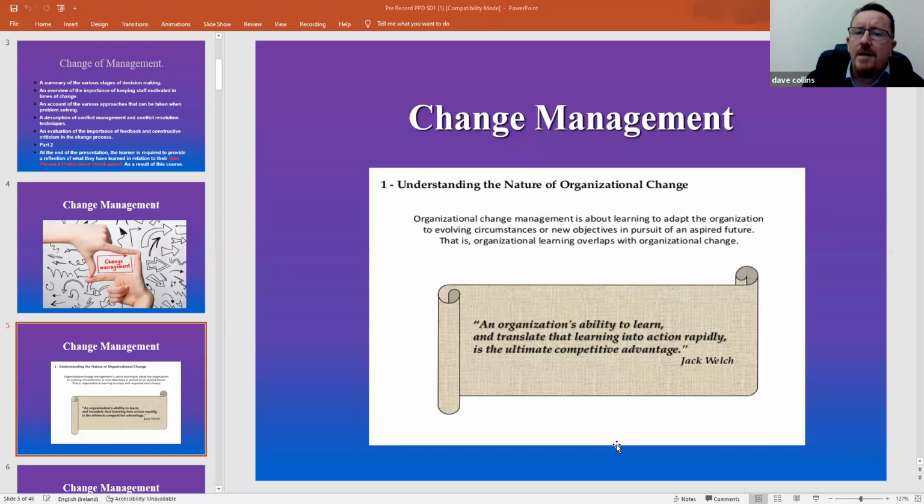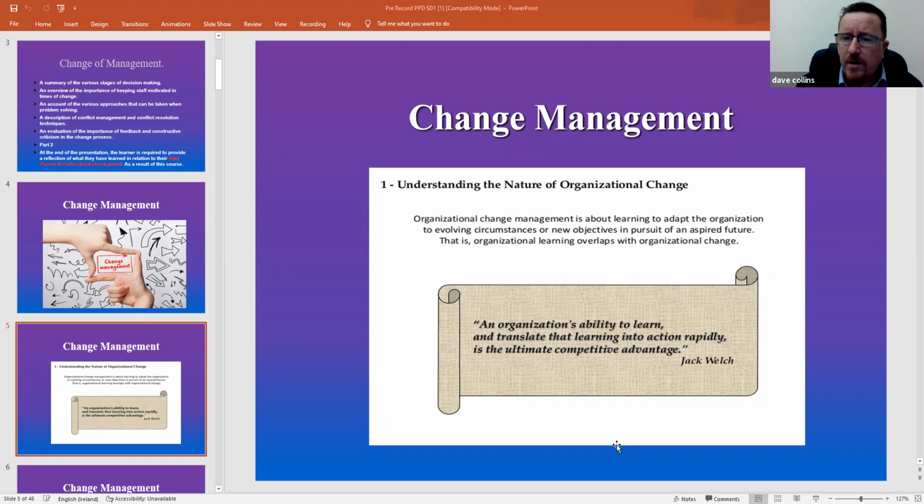Okay, so understanding the nature of organizational change. Organizational change management is about learning to adapt the organization to evolving circumstances or new objectives in pursuit of an aspired future. That is, organizational learning overlaps with organizational change.